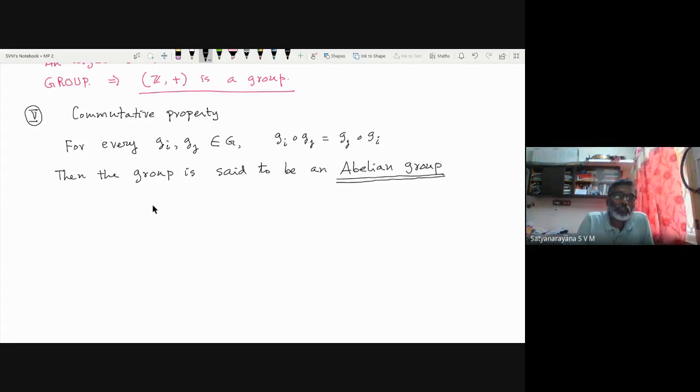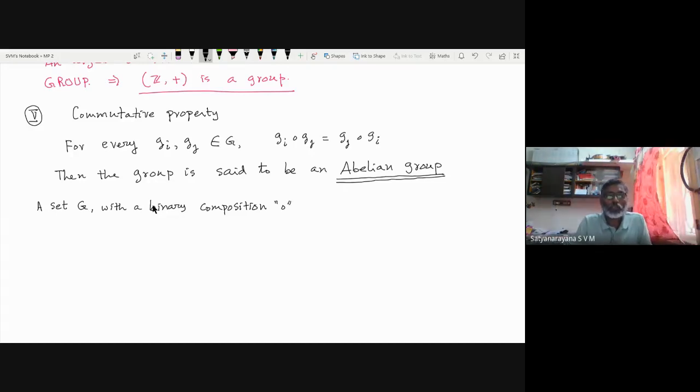So now we have understood what a group is. Right now, what we understand is that we have a set G with a binary composition, which I am defining as some O here.